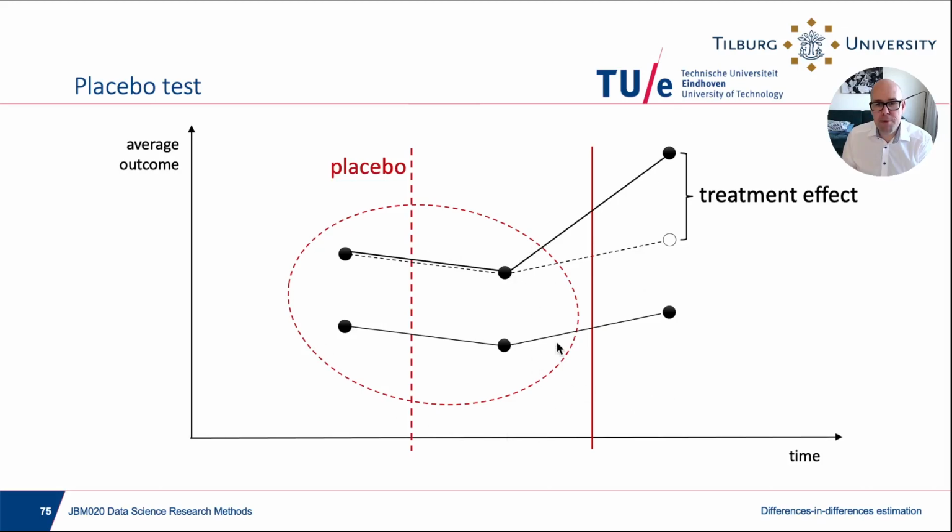So all these are pre-treatment. What I should see in my data is what I've also plotted in this figure, namely that the evolution of the outcome for the control group is the same as the evolution of the outcome for the treatment group.